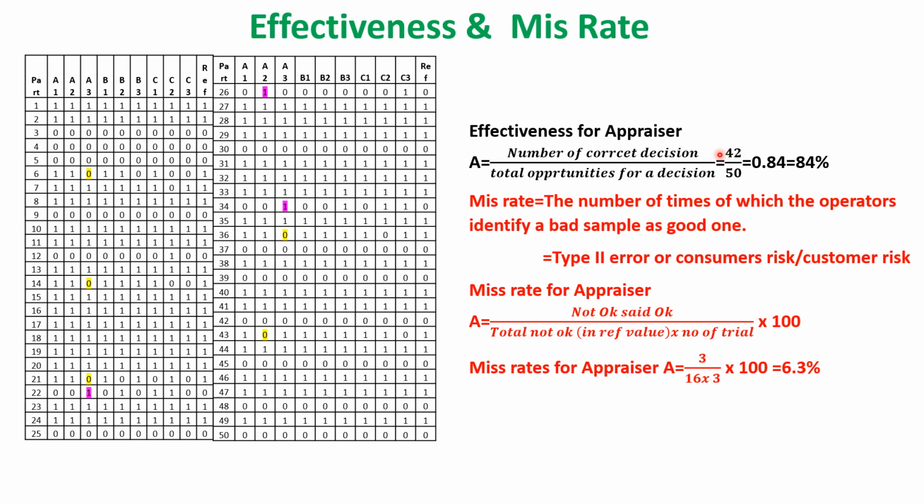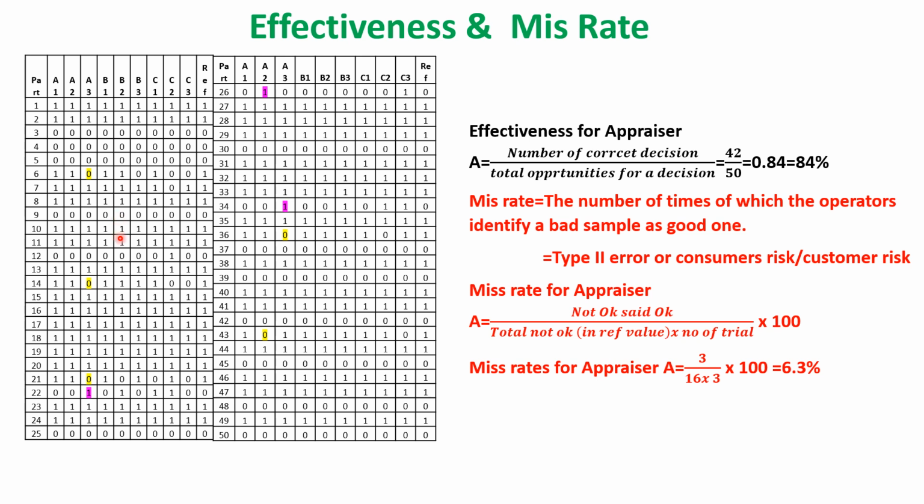But how is it calculated? Now see how many times the operator is deviating from the master. If I see row number 6, row number 14, 21, 22, wherever yellow and pink marks are there, there is a difference. So the operator is saying something different than the actual one. How many counts are there?